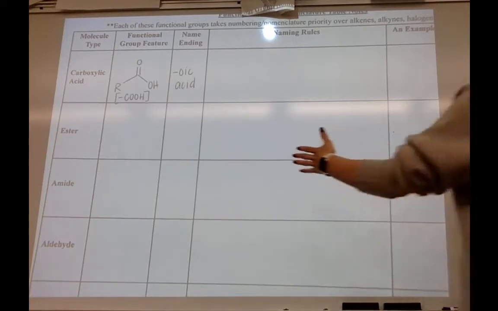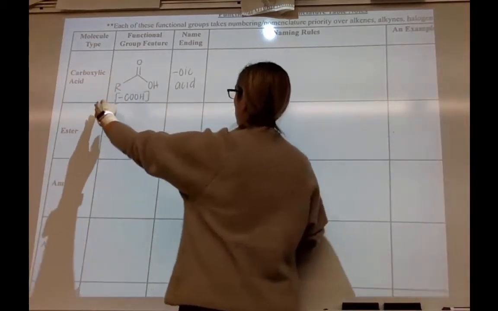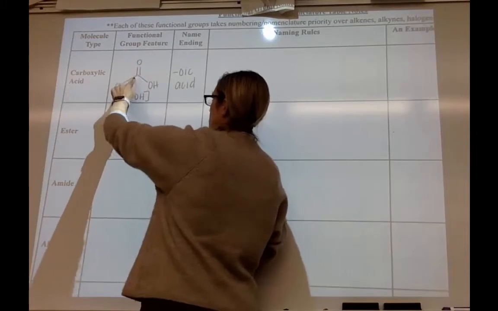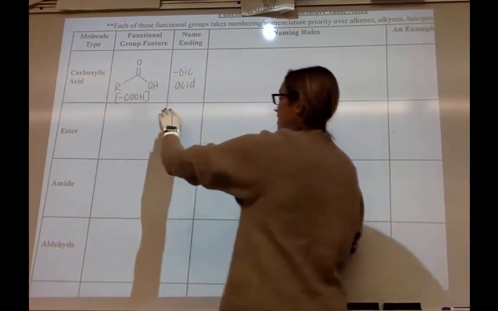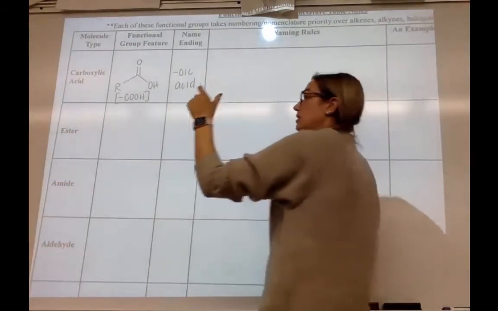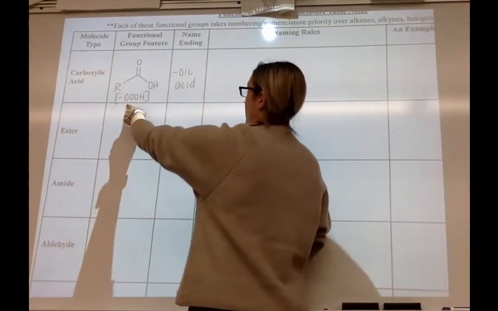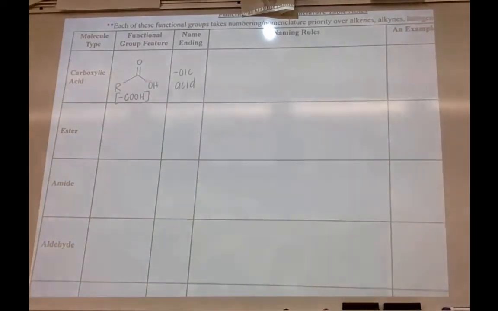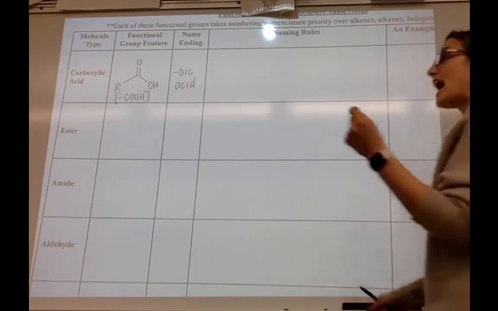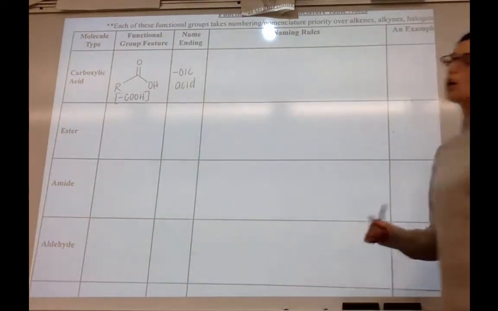Remember, an R group is just any carbon group, but then you have C double bonded to an O, bonded to an OH. If you just see the chemical formula, you'll see that as COOH. The ending is oic acid. So if you see something like methanoic acid, that oic acid tells you that it's a carboxylic acid.